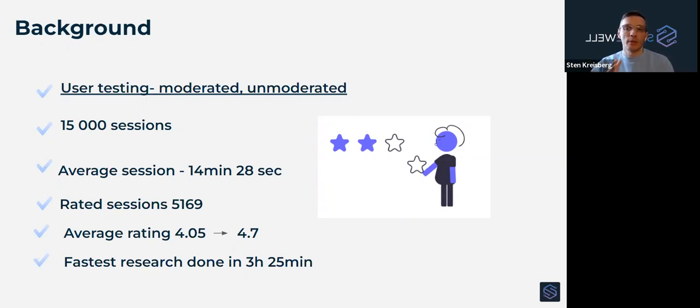The rating is between 1 and 5, and at the moment more than 5,000 sessions are rated. When we opened it 6 months ago, the average rating was around 4. Now it's 4.7, which is quite good, because it shows that people understand more and more what to expect, and they feel more comfortable sitting behind the screen.